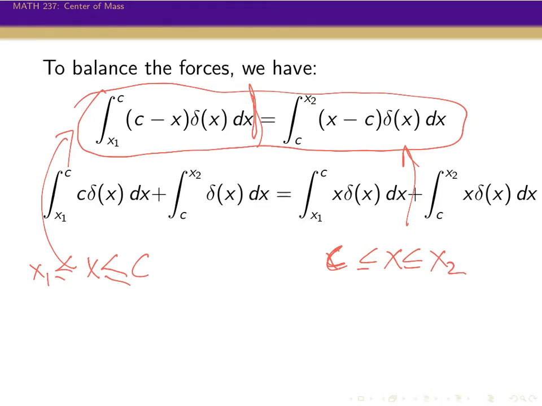And so the integral is representing the total force coming from the left side, and the integral on the right is the total force on the right side. So these have to match up.